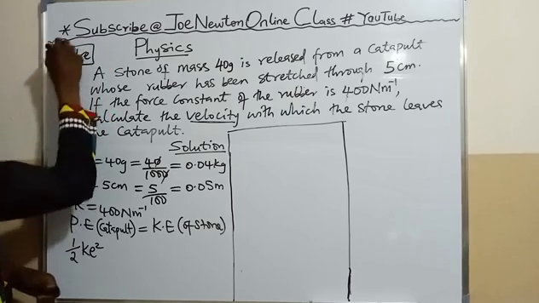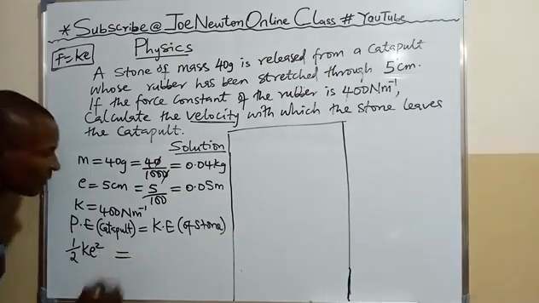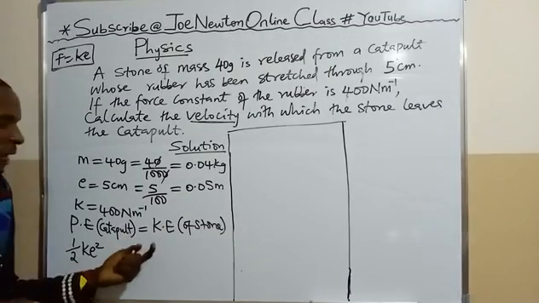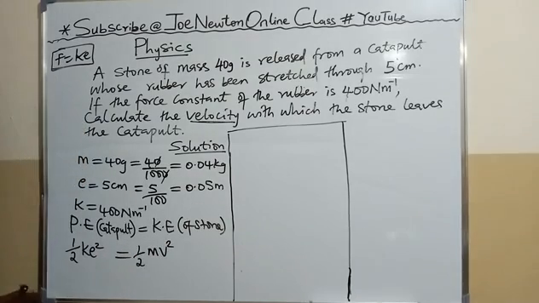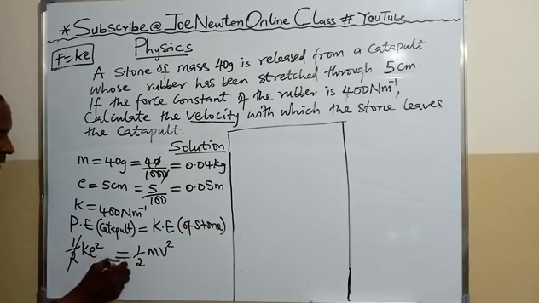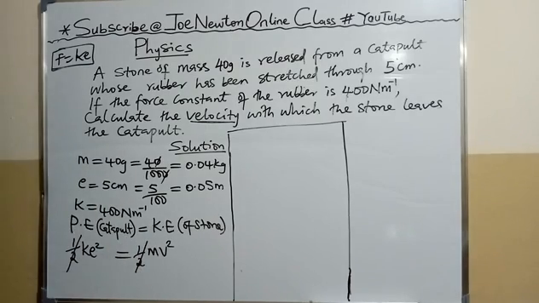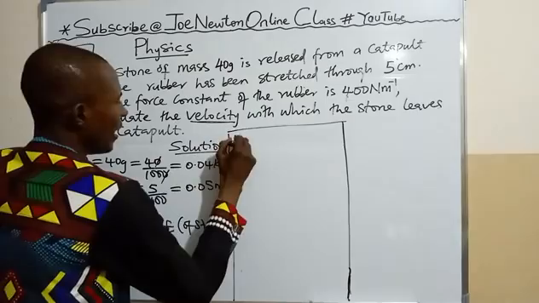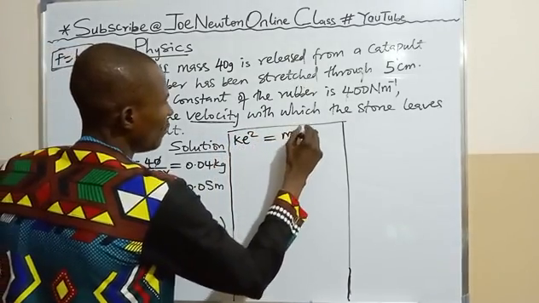That equals our usual formula for kinetic energy, 1 over 2 mv squared. Now we can see that this half eliminates this half here. Then we now have Ke squared equals mv squared.